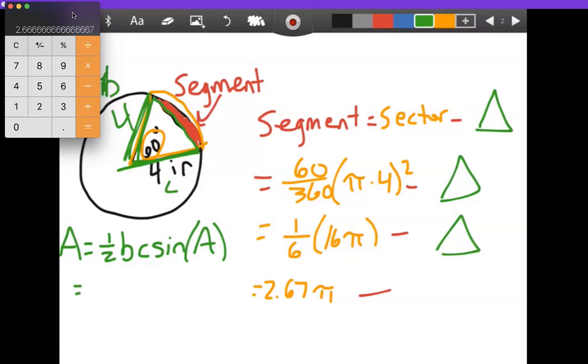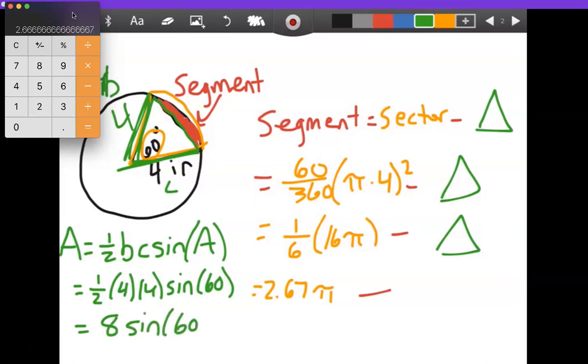When you do a segment, a pizza crust problem, I would use this triangle formula: 1/2 times b and c, which are the same thing since it's just the radius, times sine of the angle, which is 60 this time. So 4 times 4 is 16, times half is 8. So 8 sine of 60 is going to be the area of that triangle.